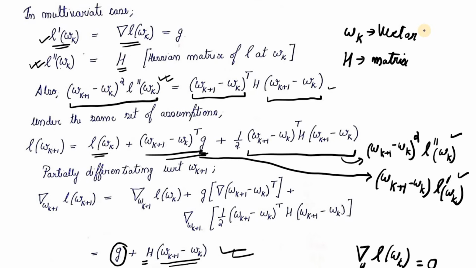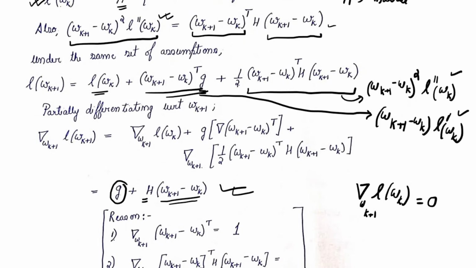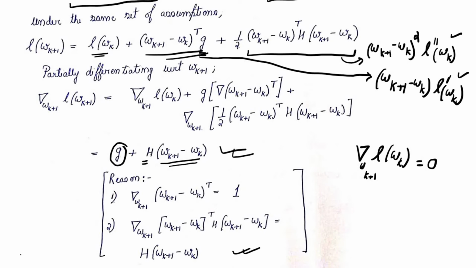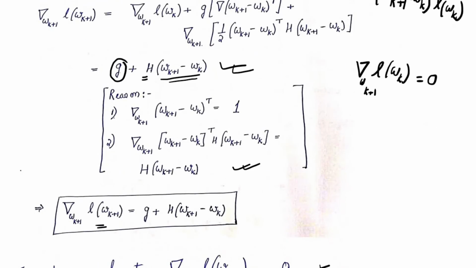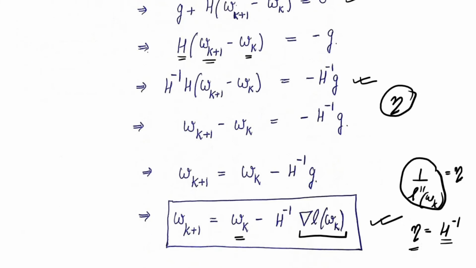We considered few terms, W_k plus 1 minus W_k, and then we made an attempt to replace it with the corresponding assumptions we just made over here, and then we partially differentiate the term with respect to W_k plus 1. On doing so, we get the derivative of L with respect to W_k plus 1 as this. We proceeded further for extremum points to get the update rule, which looks like this.